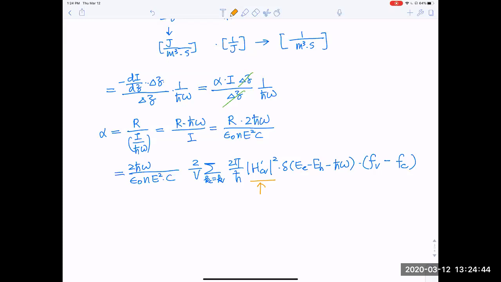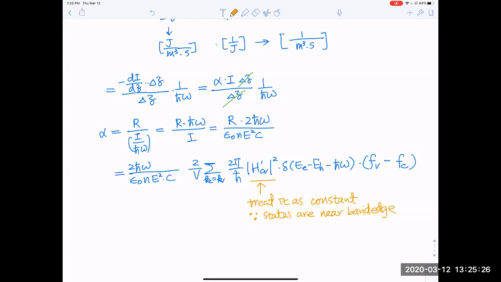But for optical transitions, we'll treat it as a constant, because all the states of interest are near the band edge. What happens if this is not the case? If you have a photon energy that's much, much higher than the band gap, this term will change slightly. The correction will be needed, okay.